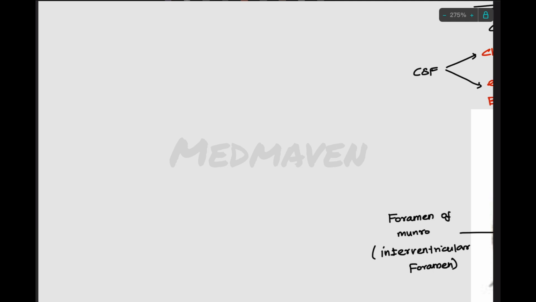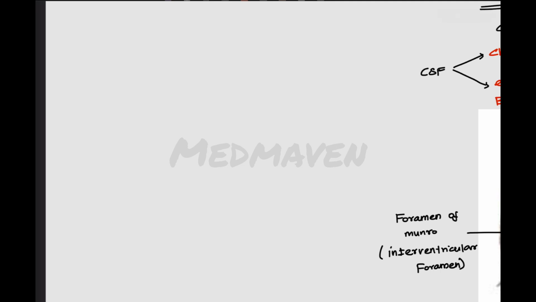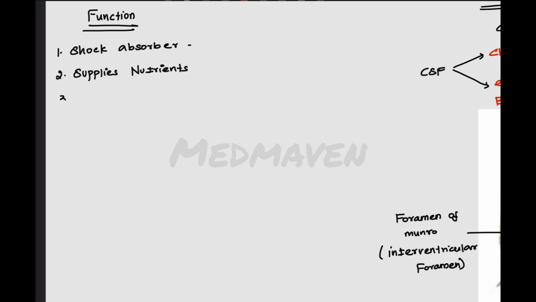Let's move into the function of CSF, the most important exam question. It acts as a shock absorber, protecting the brain and spinal cord from mechanical injury. Then it supplies nutrients like glucose and ions to nervous tissue. Then it also maintains constant intracranial pressure, a regulatory function.